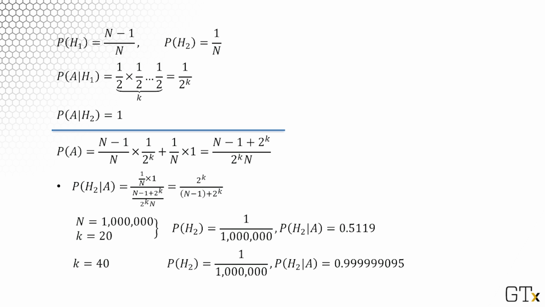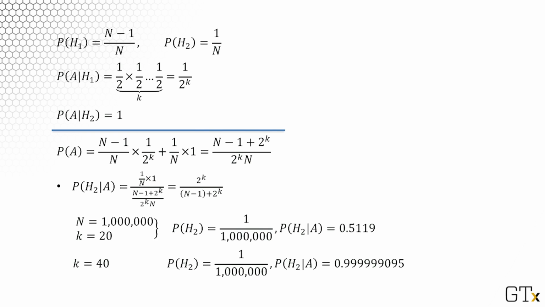What is the probability of event A if hypothesis H2 is true? H2 is that the coin is two-headed, and the probability that it will fall heads up is 1 for any k. So that is 1 easily. In using Bayes' formula, you will need total probability. You will need the probability of A. For a randomly selected coin from the box, what is the probability that it will fall k times heads up?